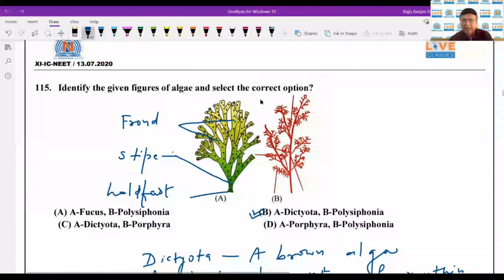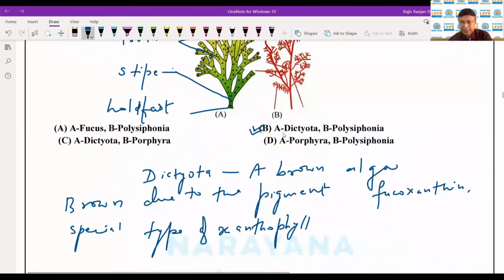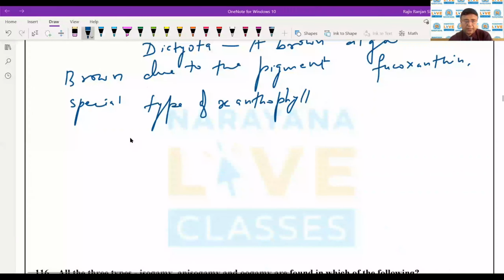So here you can notice the filamentous body, highly branched, and it is red in color. So Polysiphonia is a red alga.